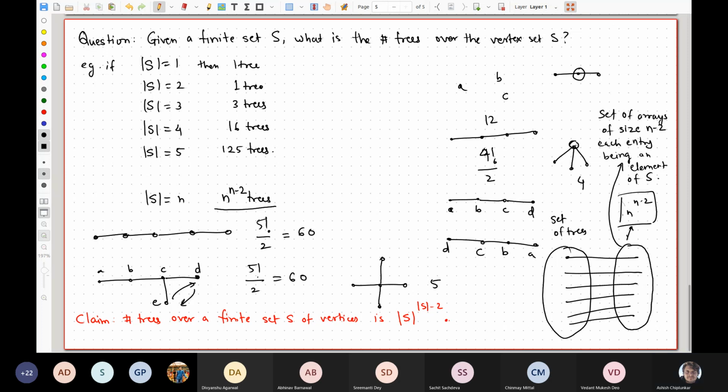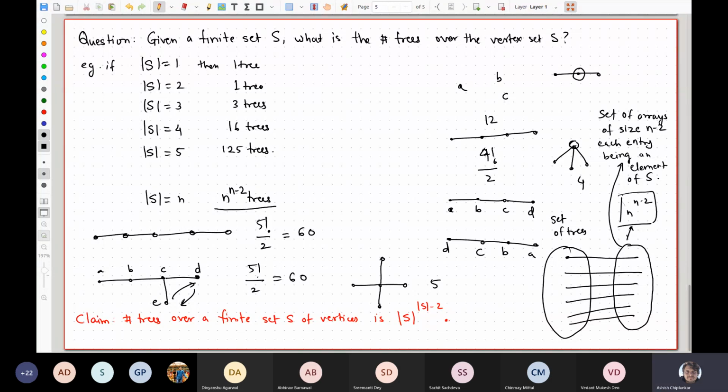So let's say we have an array of 2 elements. S is 1, 2, 3, 4. Can this array contain 1, comma 1? Yes, it can. I'm going to count these, which is why I'm getting the number n to the n minus 2. Otherwise, it will be some n P n minus 2 or something. Oh, okay. Sorry. Yes.